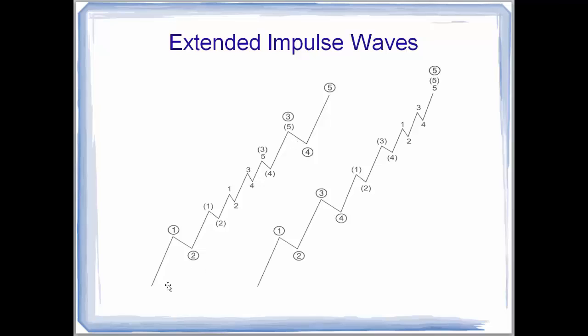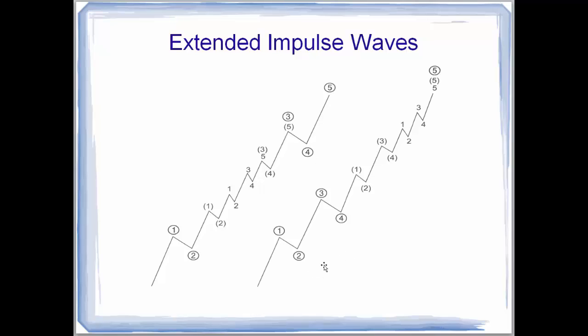And the way that subdivides is 1, 2, 1, 2, 3, 4, 3, 4, 5. In this particular example, they've even drawn an additional 1, 2, 3, 4, 5 within the wave 3, in which case you would count it 1, 2, 1, 2, 1, 2, 3, 4, 3, 4, 3, 4, 5.